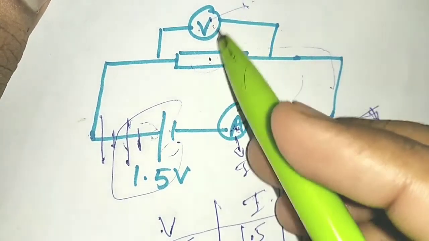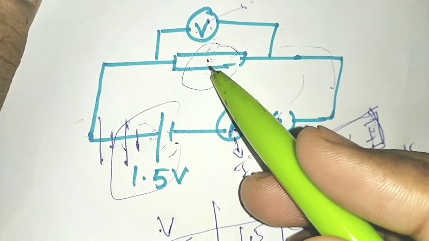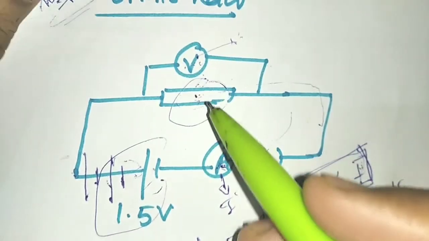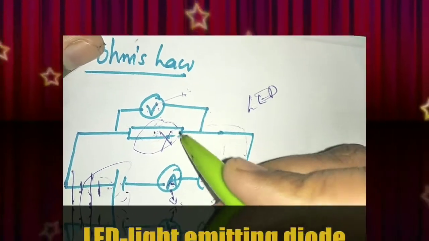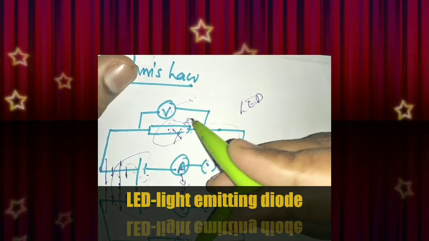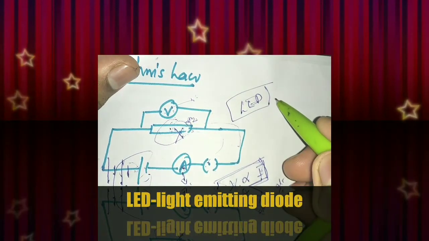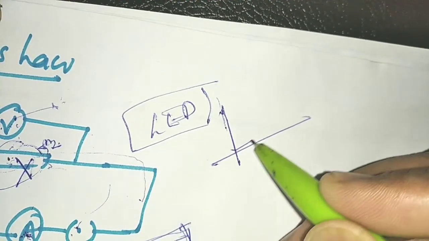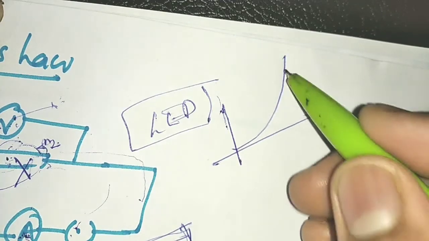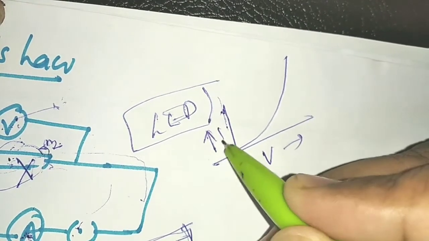Now the change he made is, when he took an LED instead of an iron spoke, instead of a conductor, he has taken an LED. Just replace this with an LED here. When you replace it with an LED, there was not a linear graph observed. There was some kind of non-linear graph observed in this experiment.